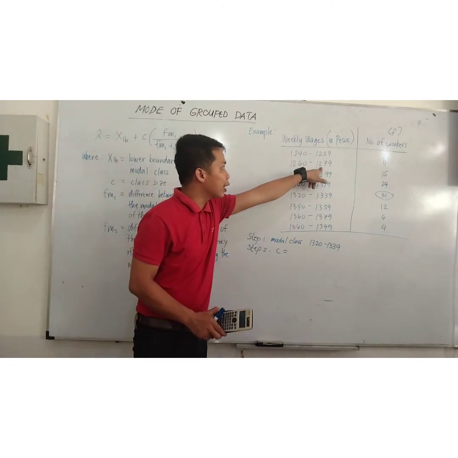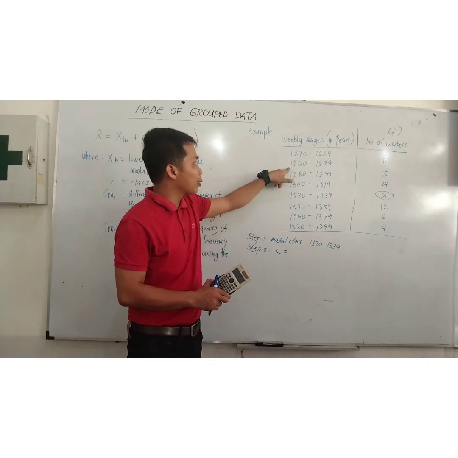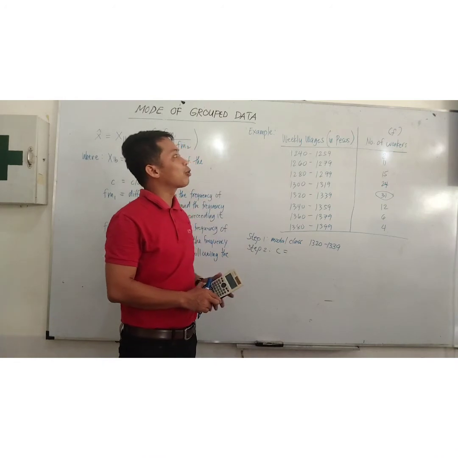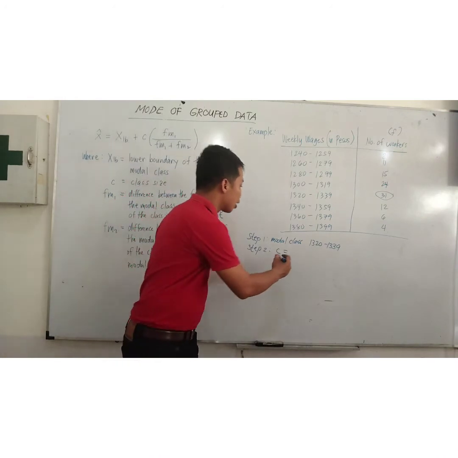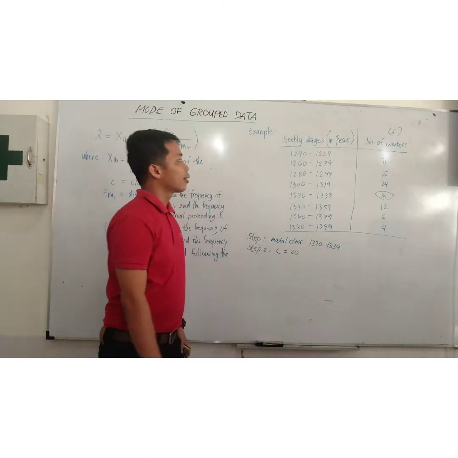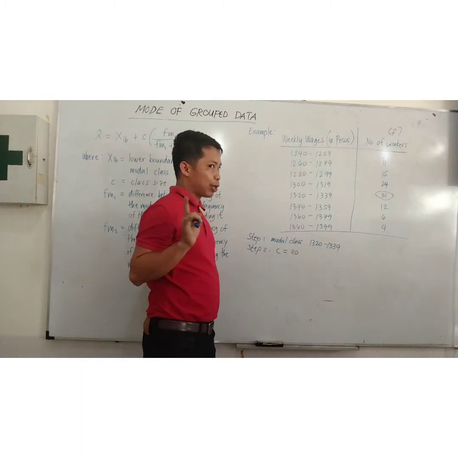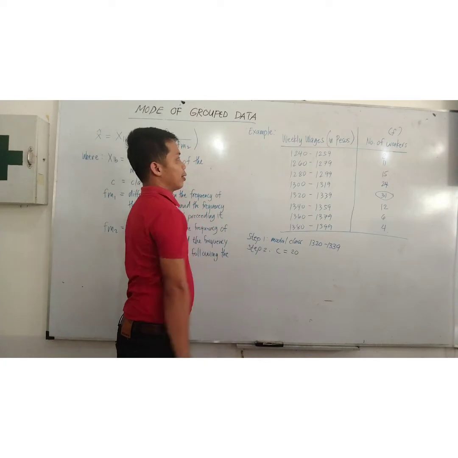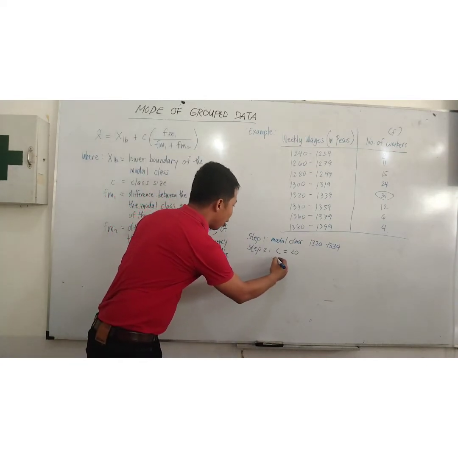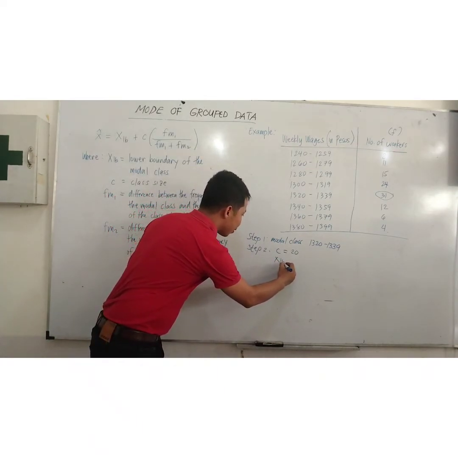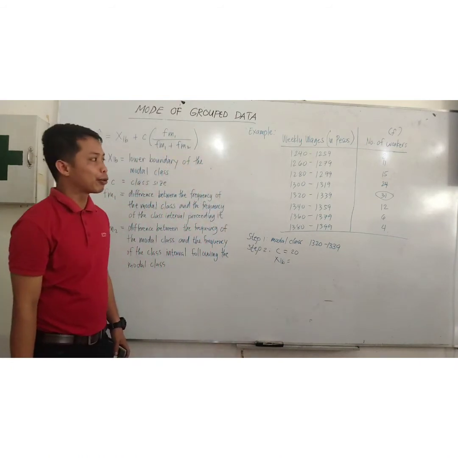Class size is 1,260 minus 1,240, which is 20. Or pwede din 1,259 minus 1,240 plus 1. So really 20. Okay?